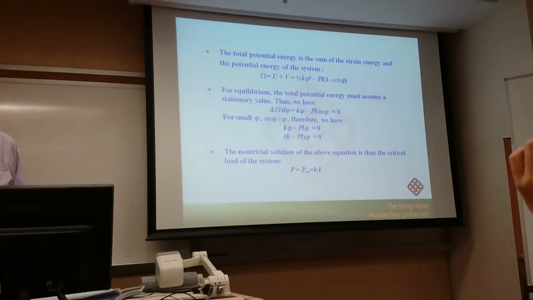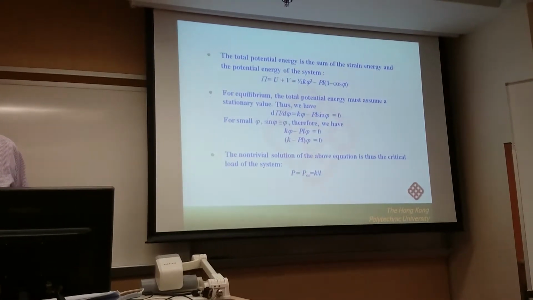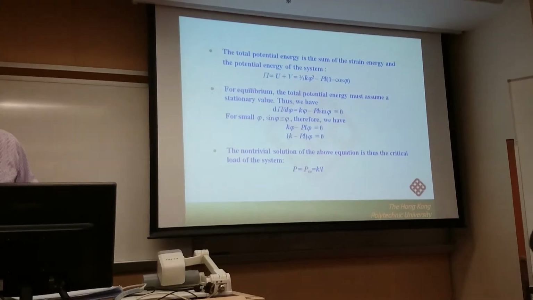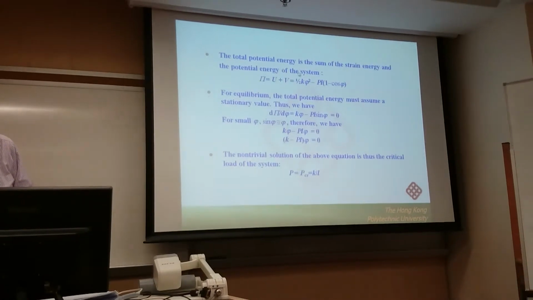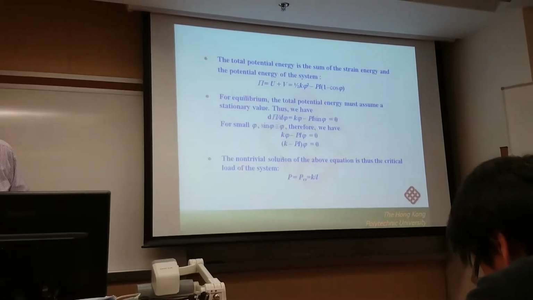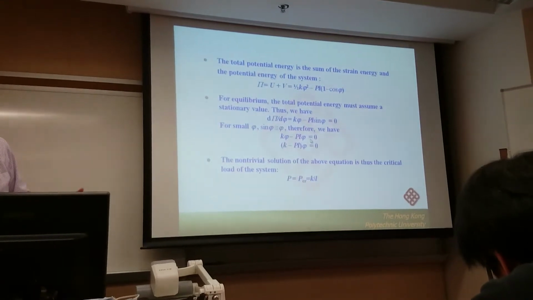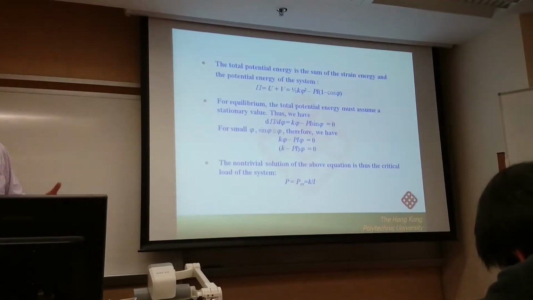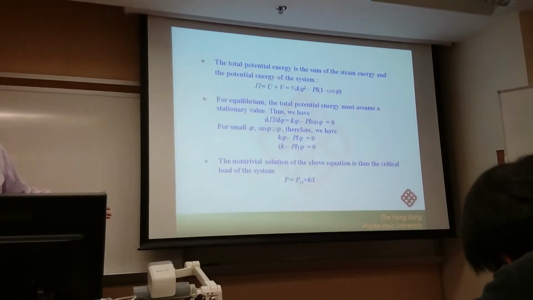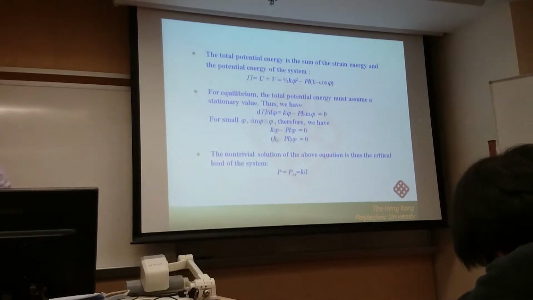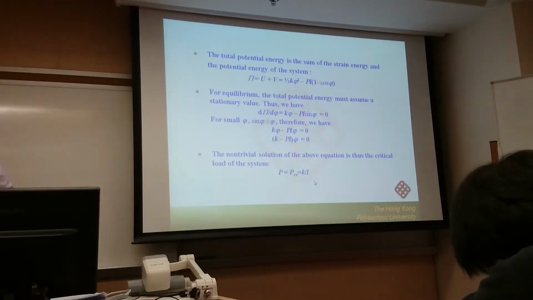When the angle is very small, cosine angle is equal to 1. That's all, so we can linearize the equation. When we linearize the equation, we are always able to extract the unknown rotation angle from the equation. So by setting the coefficient term equal to 0, we can obtain the critical load.